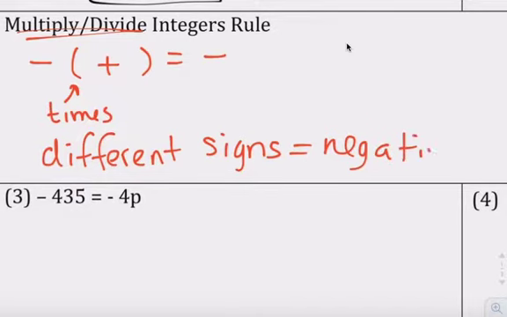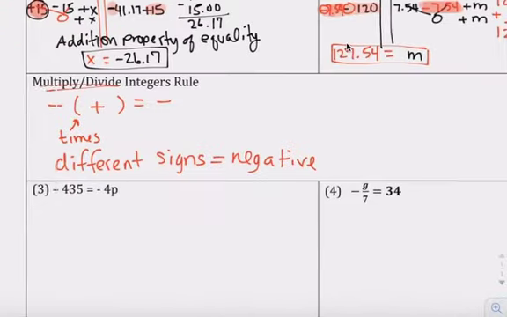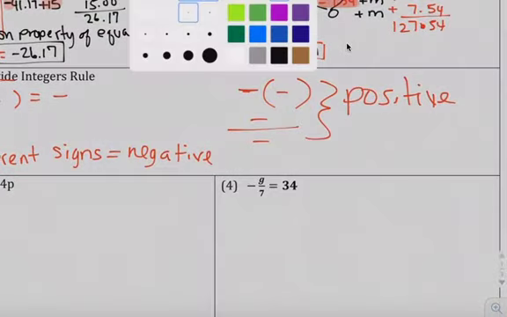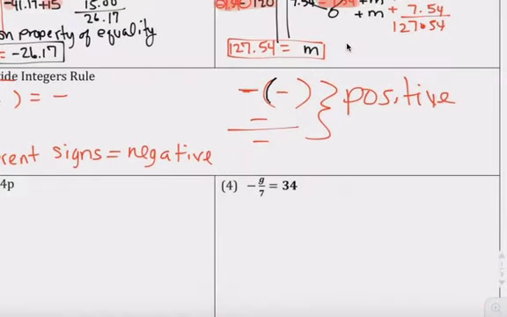Now, if you have the same sign, a negative times a negative or a negative divided by a negative, they both equal a positive.